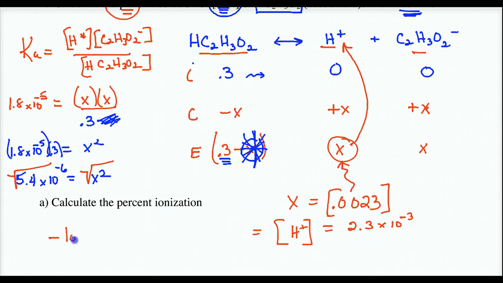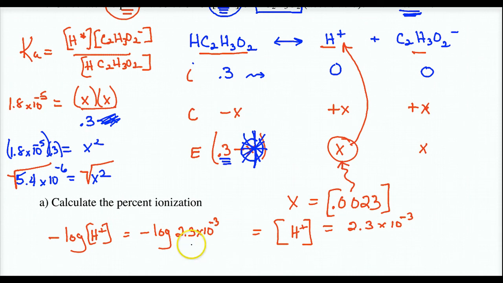So negative log of the H+ ion concentration, which in this case is negative log of 2.3 times 10 to the negative 3. Let's do that.